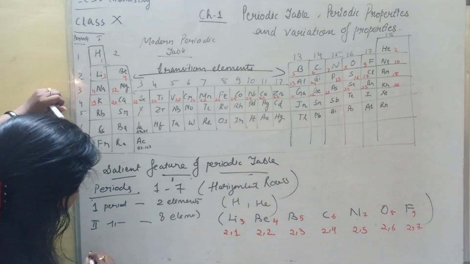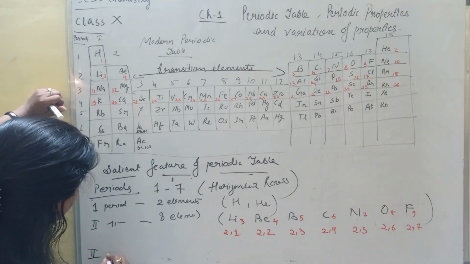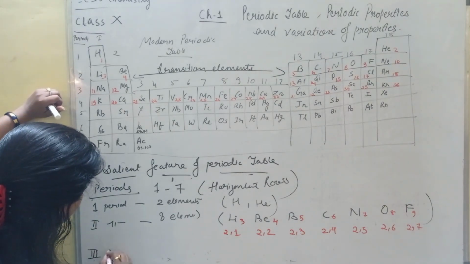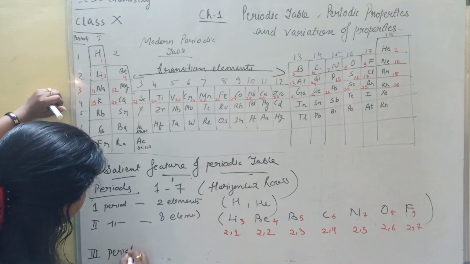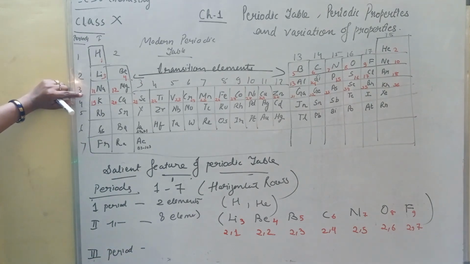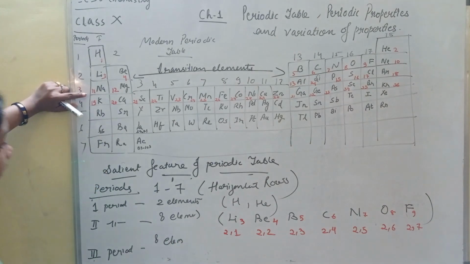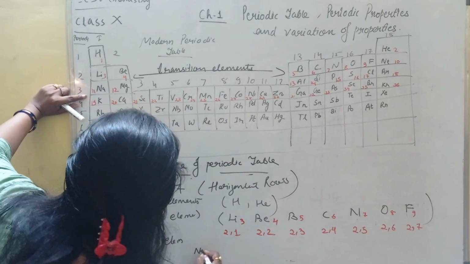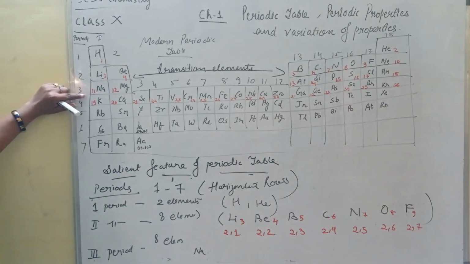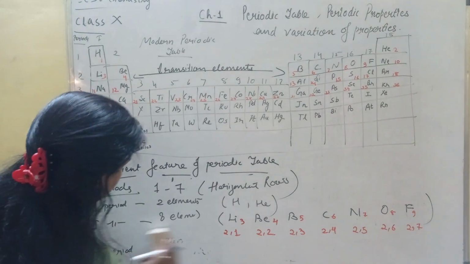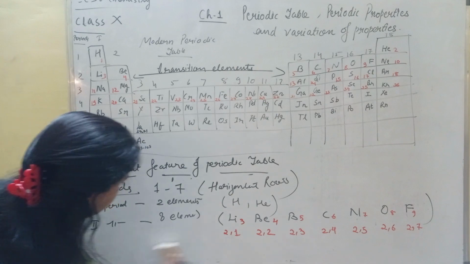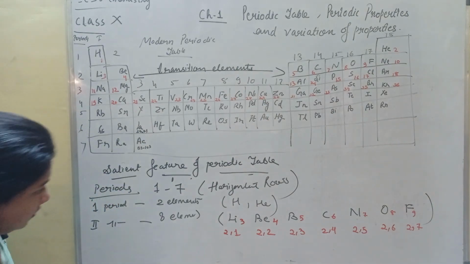So I'll write the third period elements also, then it will be clear. Again, they are 8 in number. Let me check if the board is visible or not. Let me write it a little above.